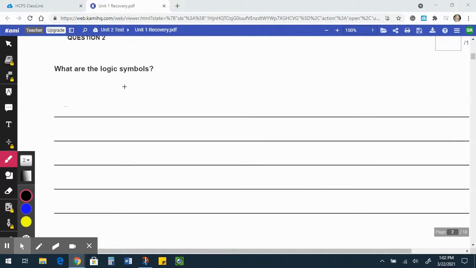Number 2, what are the logic symbols? The first symbol we learned was this symbol, and that stands for and.